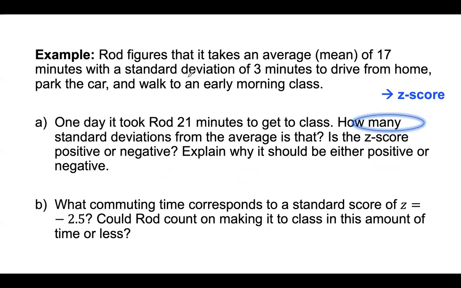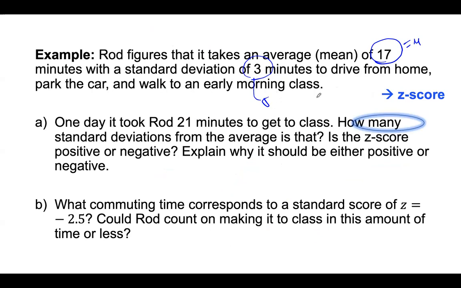So Rod figures that it takes an average mean of 17 minutes with a standard deviation of 3 minutes to drive from home, park the car, and walk to an early morning class.